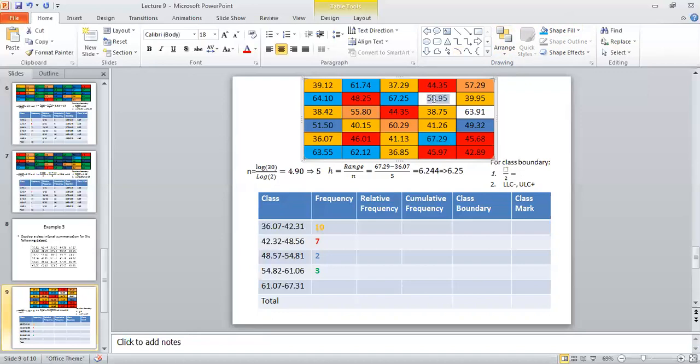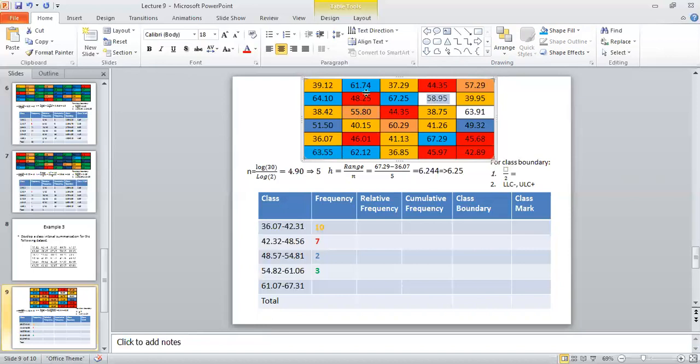So since we missed this one, I'm going to mark it over here. So 54.8 to 61.06, 54 to 61, right?